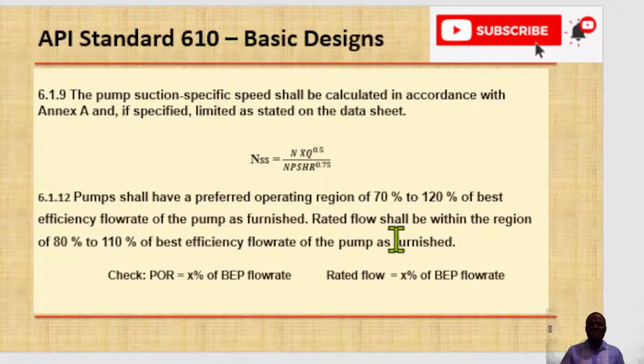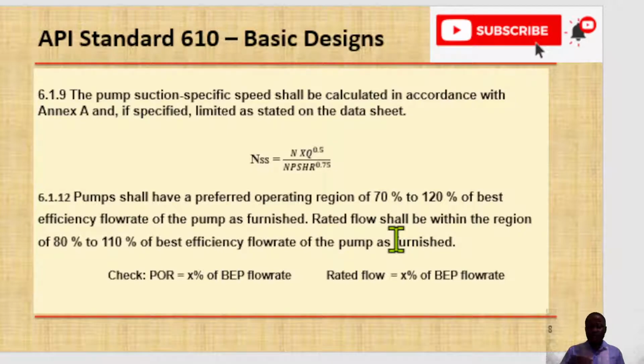So these are some of the things that you need to check for during the technical evaluation of the mechanical data sheet for a particular centrifugal pump. So you check some of these clauses. There are a lot of things that you need to check for, stated in API 610. So for today, this is where I'm going to stop.